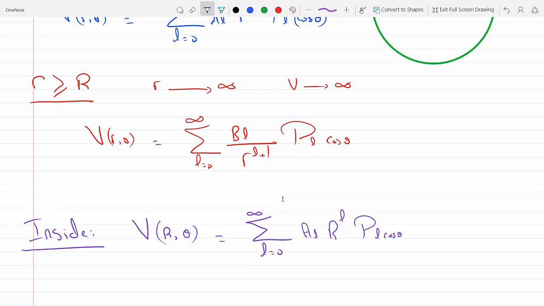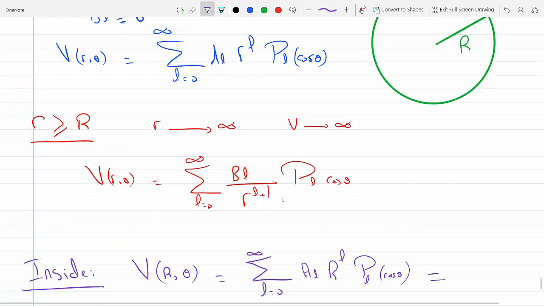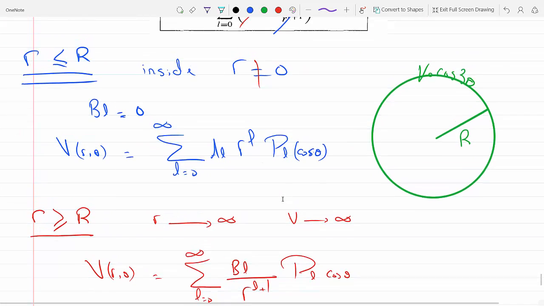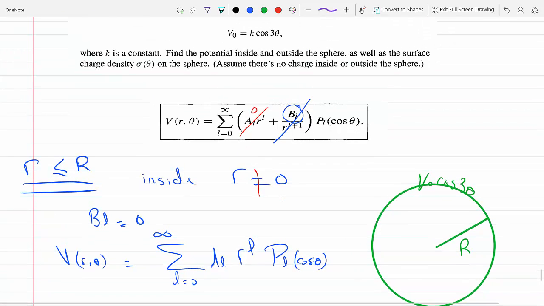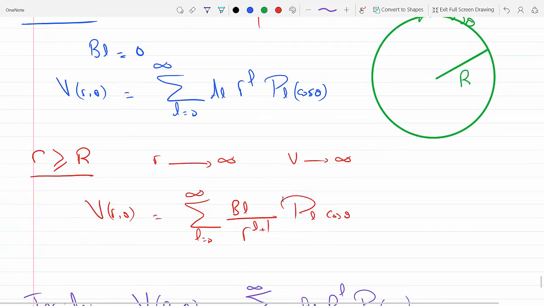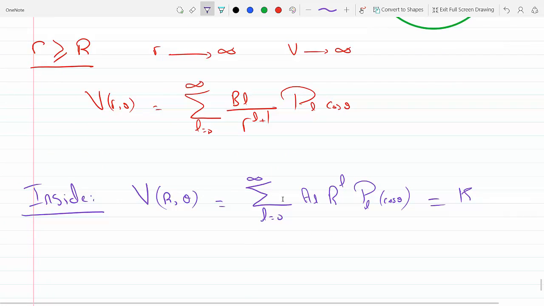Keep in mind the objective is to find those ALs, because those define your potential. And I know that on the surface of the sphere, this has to equal k cosine 3 theta.